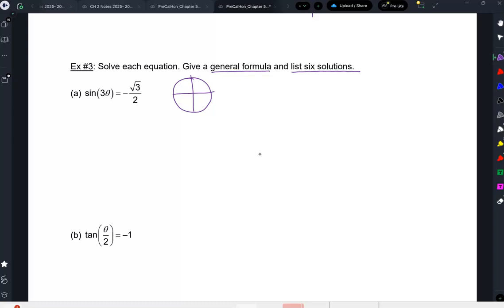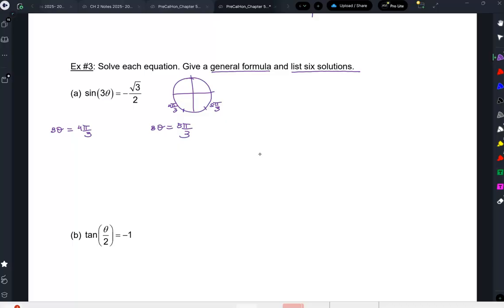Okay, so when is sine equal to negative root 3 over 2? At 4 pi over 3 and 5 pi over 3. So I say the angle is equal to 4 pi over 3, and then the angle is equal to 5 pi over 3.